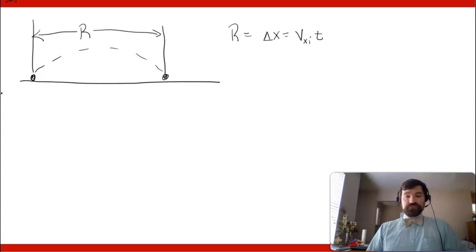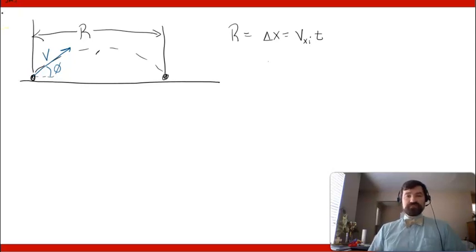Now, how do we solve for time? Basically we need to use the vertical component. Let's say that the projectile is projected initially with some speed v at some angle phi with respect to the horizontal direction.